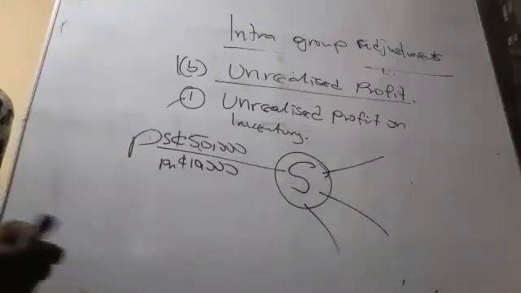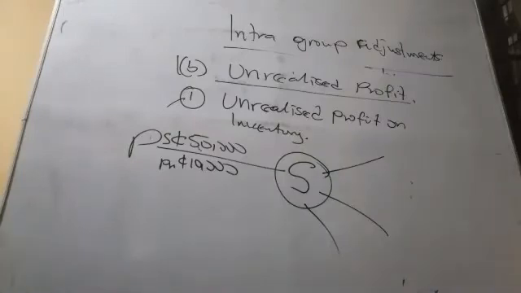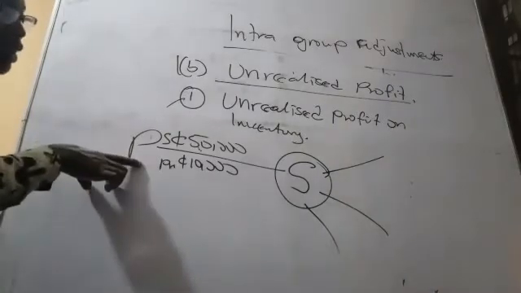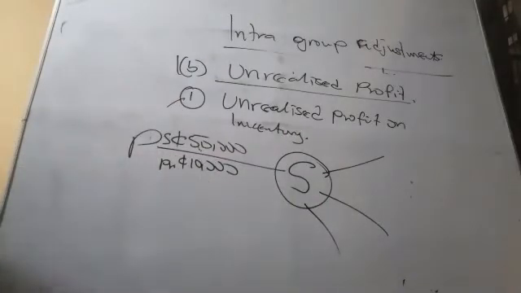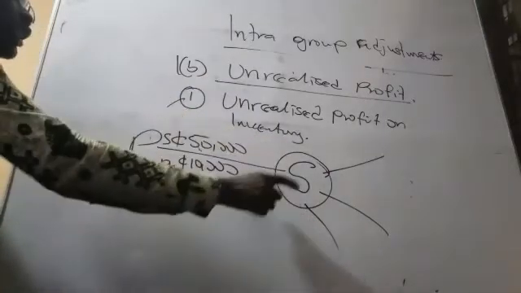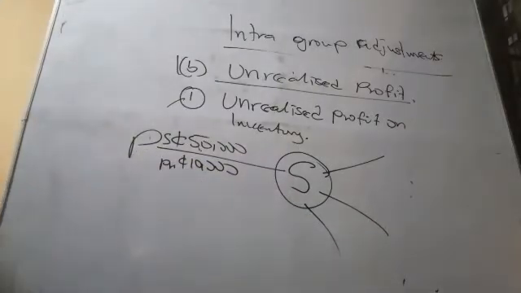All the goods are still in inventory. So that 10,000 the parent claimed he has earned is still within the group. He has earned it from the subsidiary's pocket, which is supposed not to be so, because it's like robbing Peter to pay Paul.